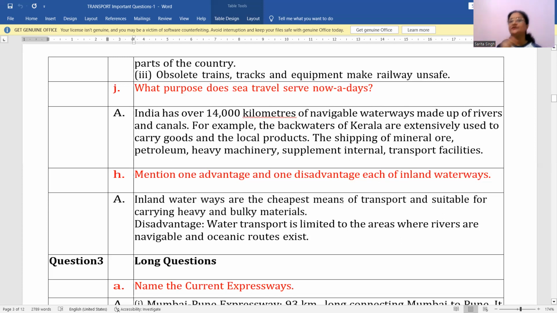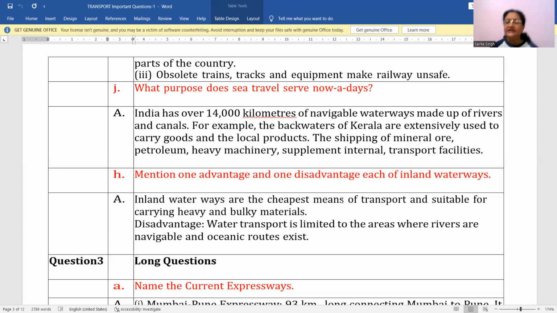Inland waterways are the cheapest means of transport in the present conditions, and they are suitable for carrying heavy and bulky goods. I have just told you that. Number two, when we talk about the disadvantage, you can give this: suppose we are somewhere in an inland area where we are not having any water body around us. How to use inland waterways?